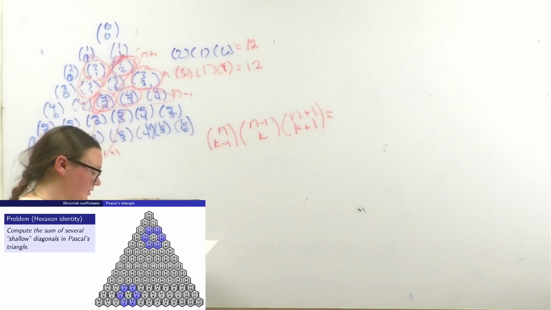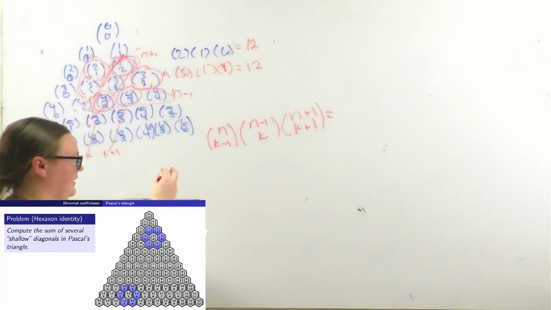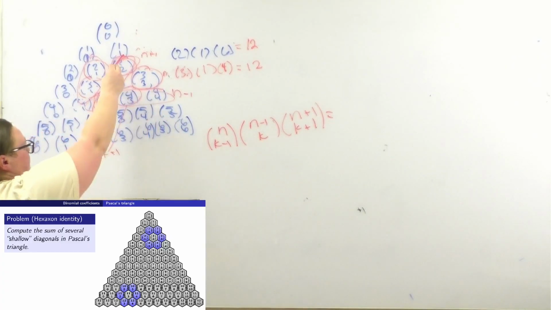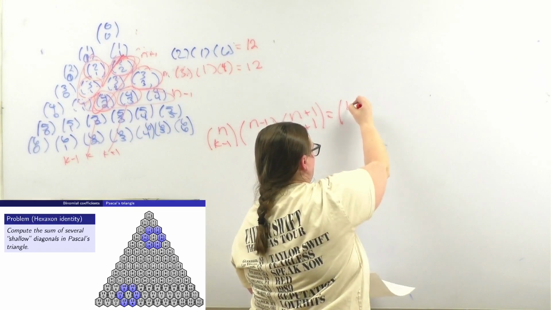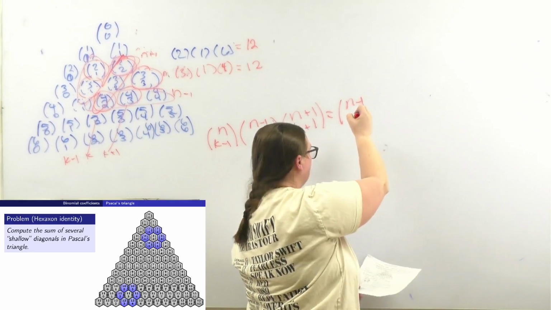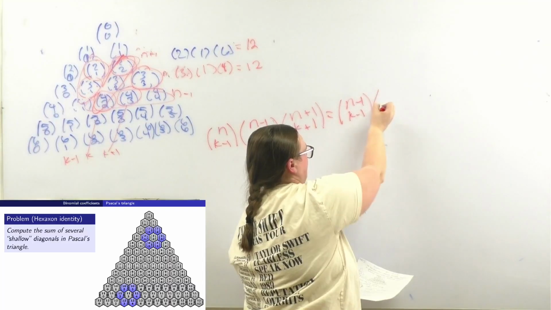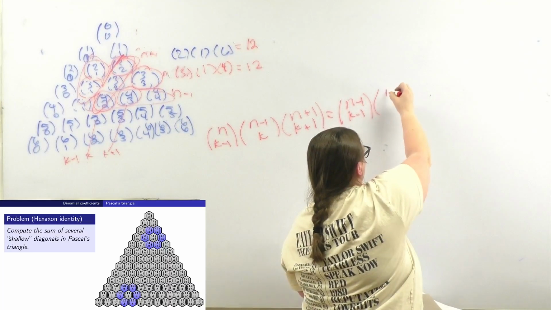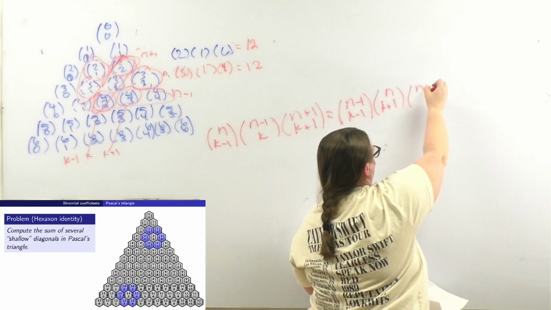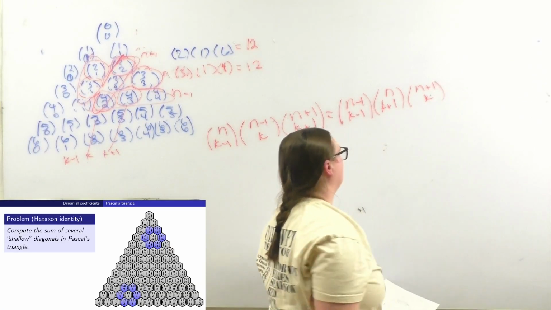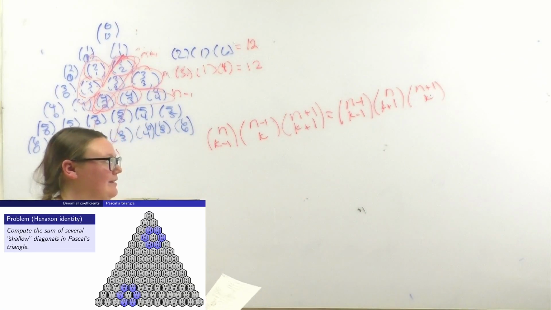And we're going to set that equal to something very similar, going the other way. So we get n minus 1 choose k minus 1, times n choose k plus 1, times n plus 1 choose k. And that is our hexagon, right?